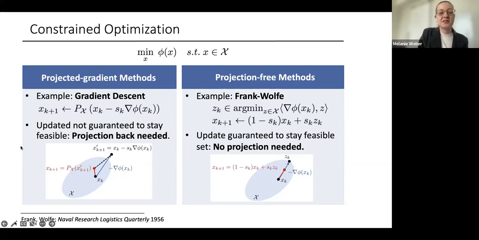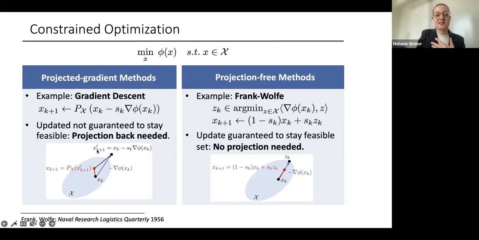Projected gradient methods are essentially extensions of the gradient descent algorithm to the constraint optimization setting. So the general idea here is as follows. Imagine we are in iteration k, and we are at an iterate xk, and then we evaluate the gradient at that point, and that gives us a feasible descent direction to step into.